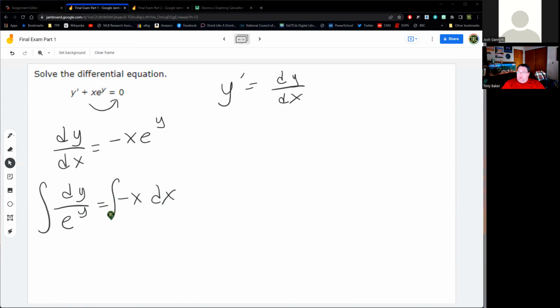So if we do the integral of both sides, I get negative 1 over e to the y equals negative 1/2 x squared plus c.